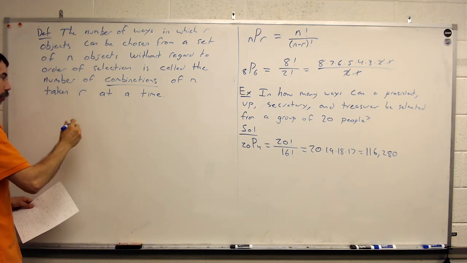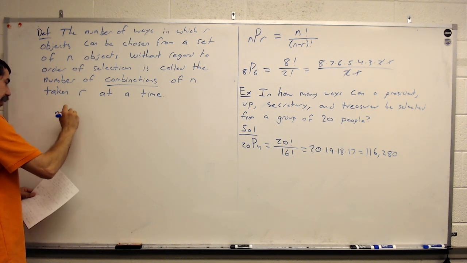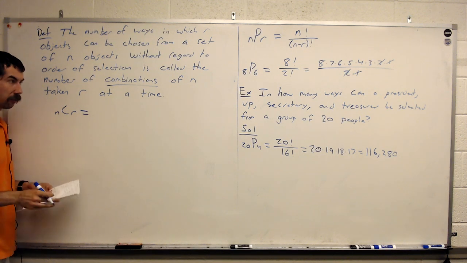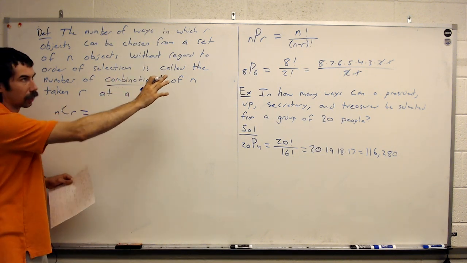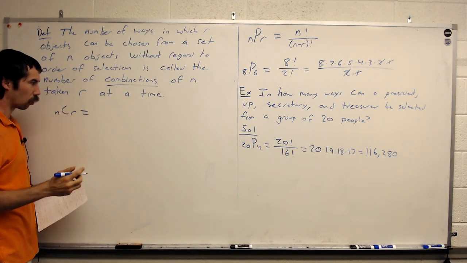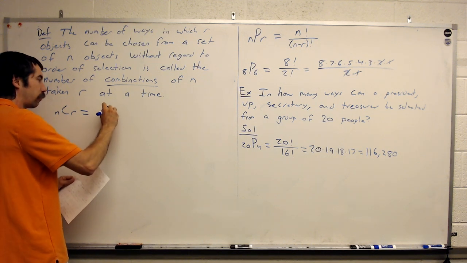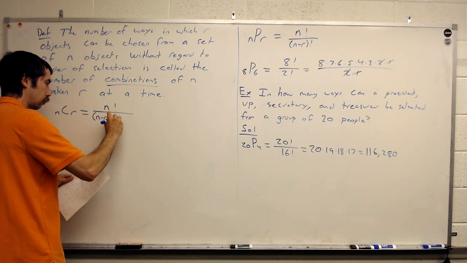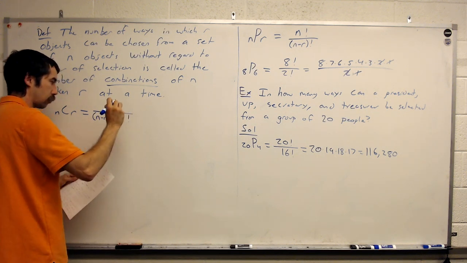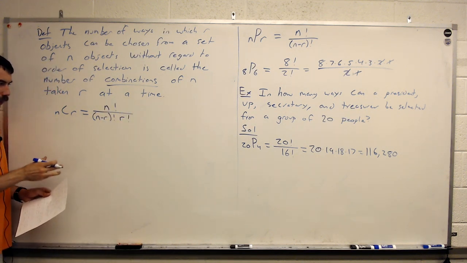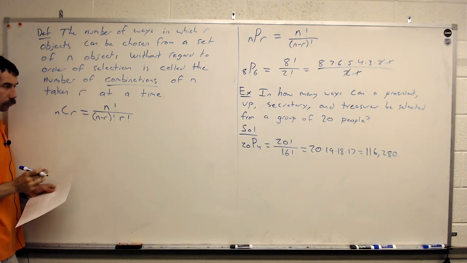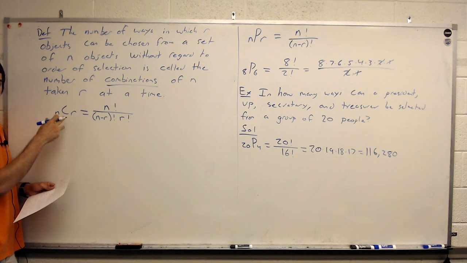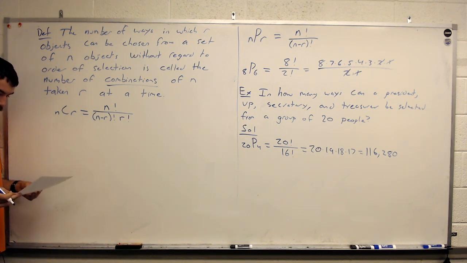All right, and what is our notation? It is nCr. And the formula for this is very similar to our permutations formula, but the only difference is we have an extra factor in the denominator. Okay, and so this is the value if we have n objects chosen r with the order not mattering.